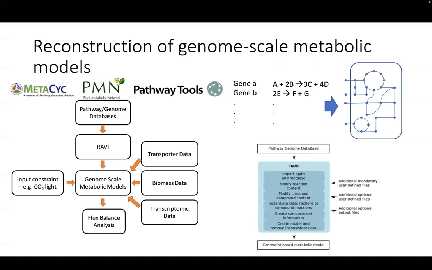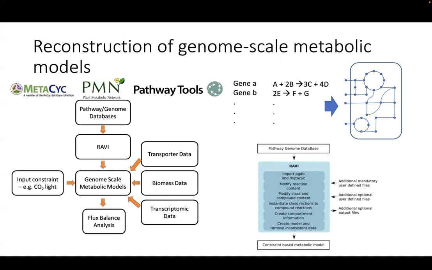Using an automatic, homemade computational pipeline, which is called RAVEN, we construct the genome-scale metabolic model of sorghum, and then we collect other data such as transcriptional data, metabolomic data, and the biomass composition, and also the carbon dioxide and the light, trying to constrain this genome-scale metabolic model.